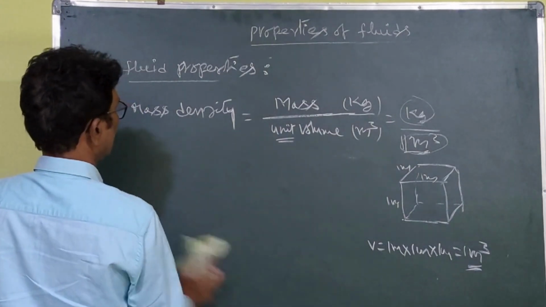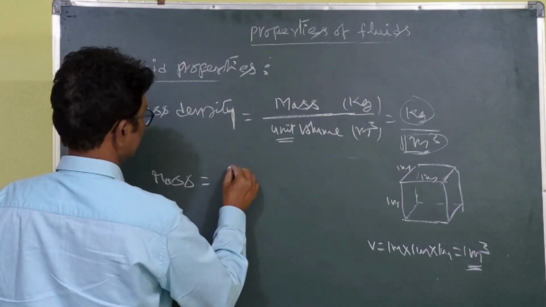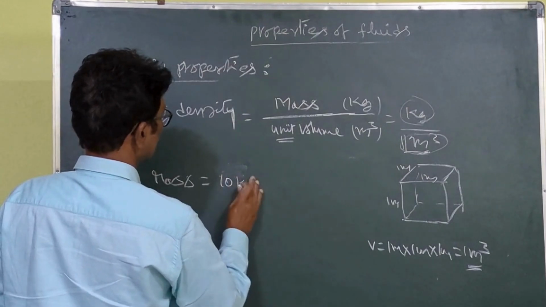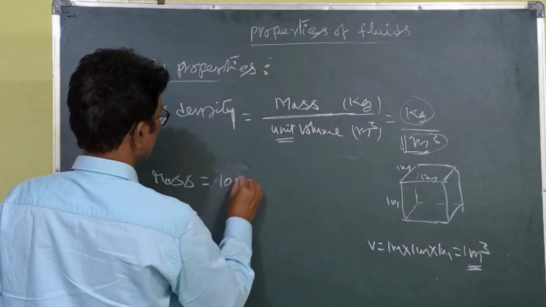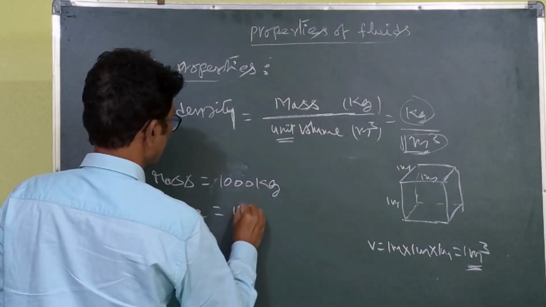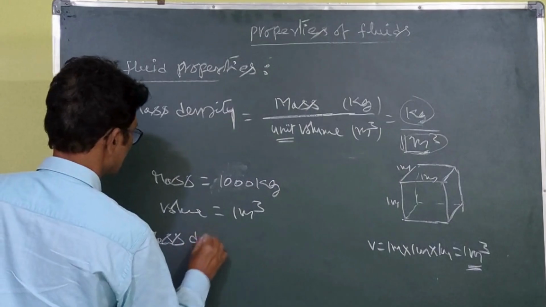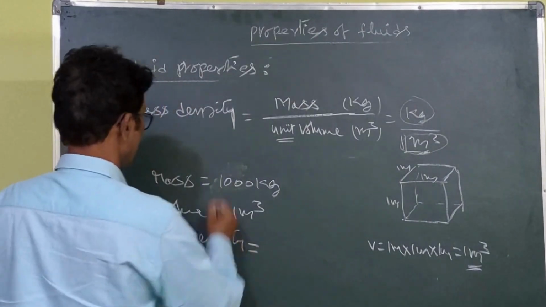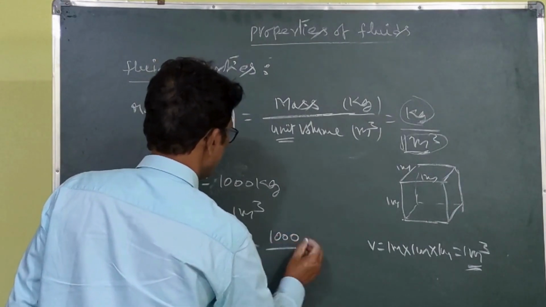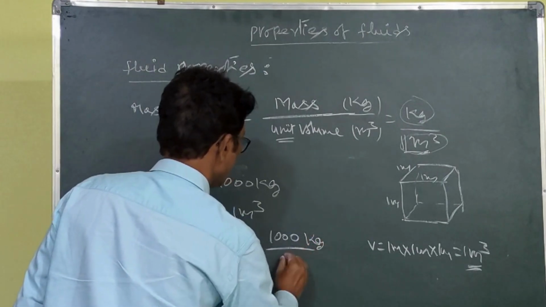Suppose you take one model. Suppose mass equal to 1000 kgs, volume equal to 1 meter cube, and then mass density by the formula, mass by unit volume, is 1000 kgs divided by volume 1 meter cube.